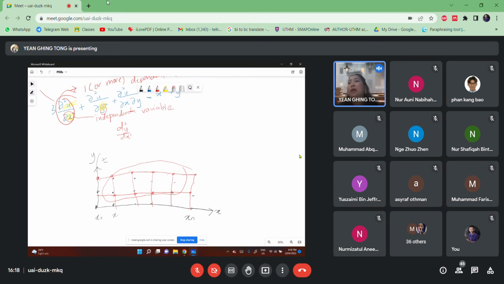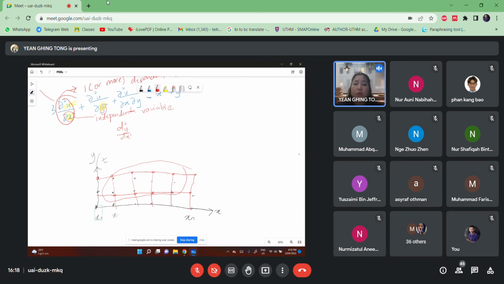For example, when there is a fire in a building and the fire is going to burn a bin, we want to know, along the distance from the fire, the temperature at each location over time. The x here means the distance.